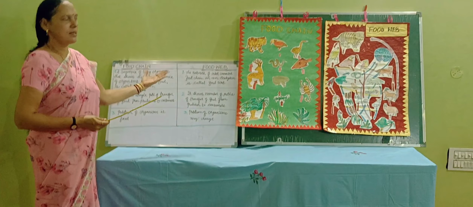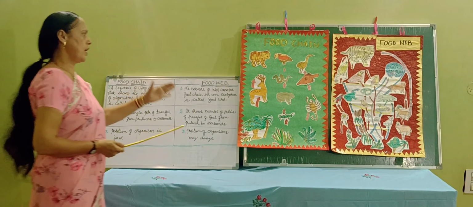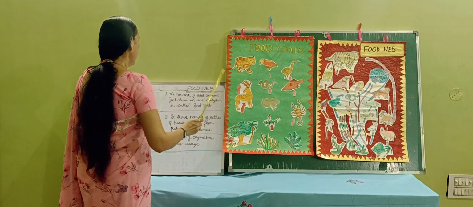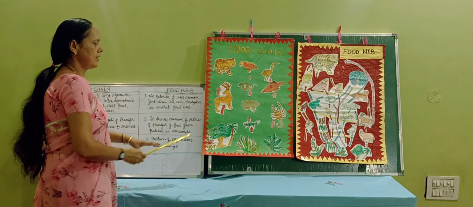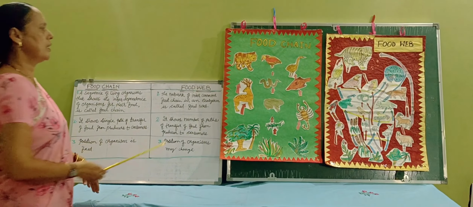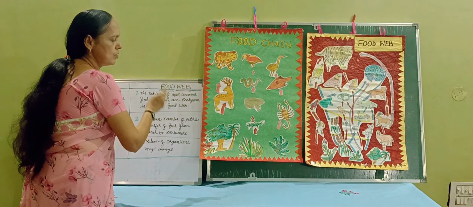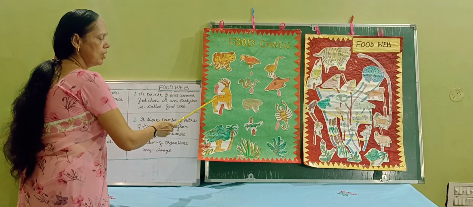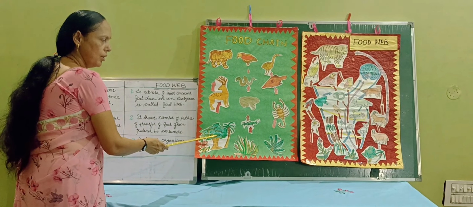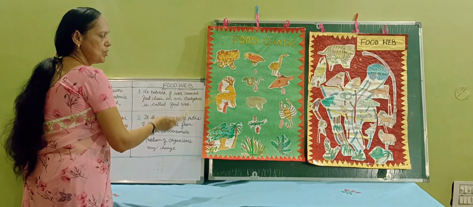So now let us have a look at the distinction between the food chain and food web. Already we have seen that this is the food chain. It is a sequence of living organisms which shows the interdependence of organisms. For example, deer is dependent on the plant, then lion is dependent on the deer.